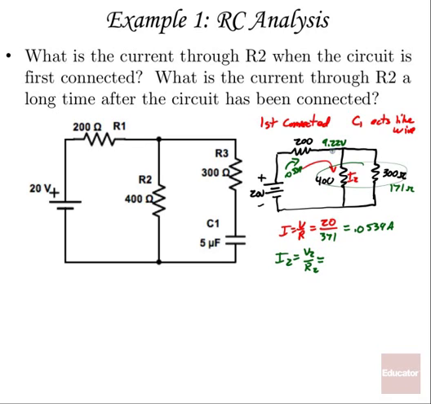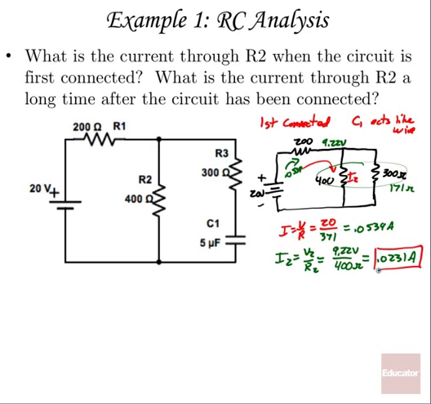We've dropped 10.78. So that's 9.22 volts over R2, 400 ohms, to give us a current of about 0.0231 amps through that 400 ohm resistor. So there's the current through R2.